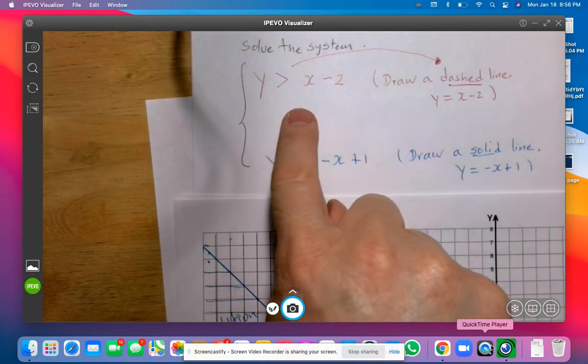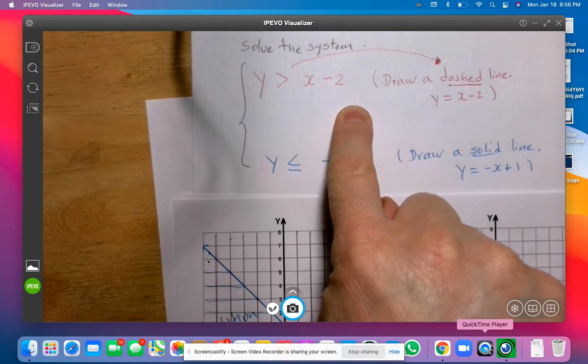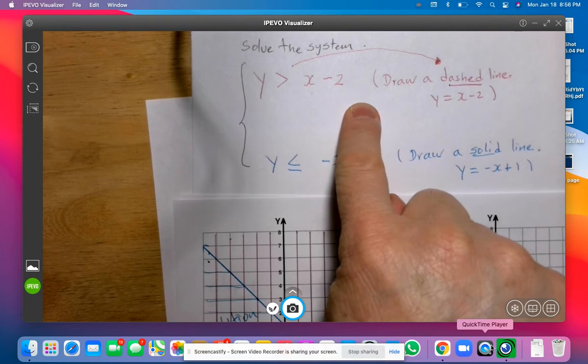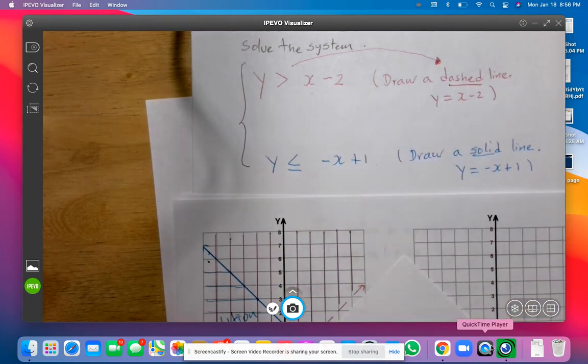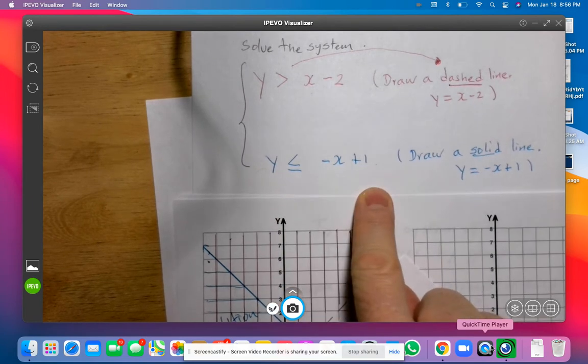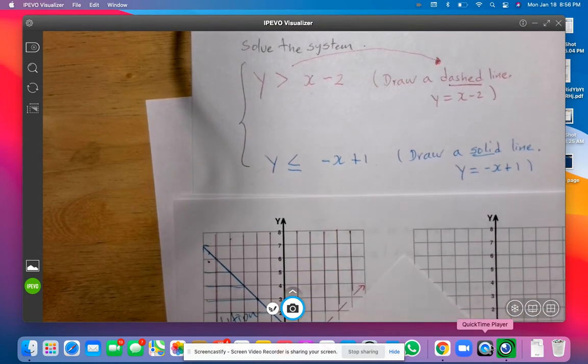So you will draw the region representing that inequality in one color or shading, like say with vertical lines, and you will do the other one in a different color, or if you don't have two different colors, shading in maybe with horizontal lines.